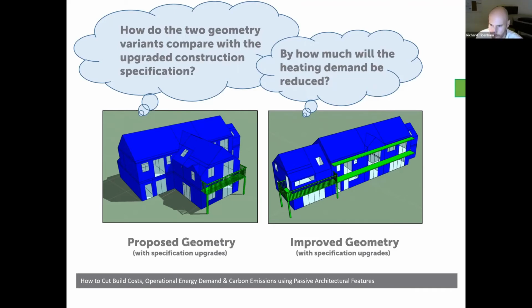So I'm going to take another poll here, and I'll just get your feedback on what you think. What reduction in space heating energy demand do you think the improved geometry can offer now that both variants have an upgraded specification? So if you'd like to have a think about that, I shall launch that.